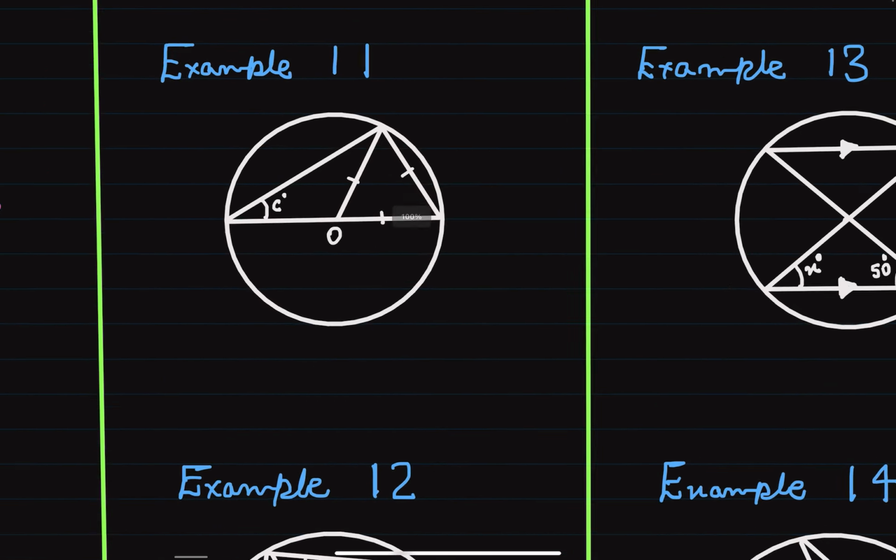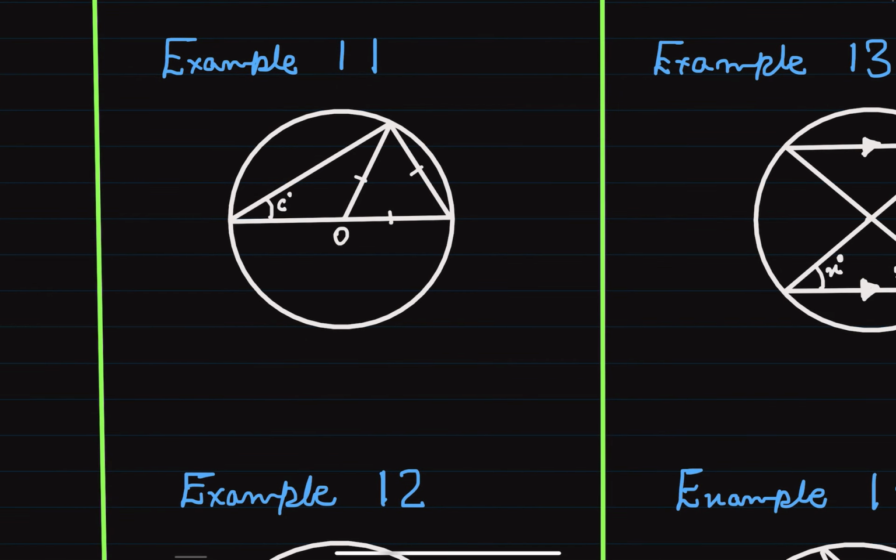So look at this. We need to work out this angle C. That is easy. How? Because if this is the diameter, that makes this 90, because this angle is facing the diameter. And if you see these three marks, this indicates that, let's say this is point A and this is B, this triangle OAB is an equilateral triangle and all the angles are equal.